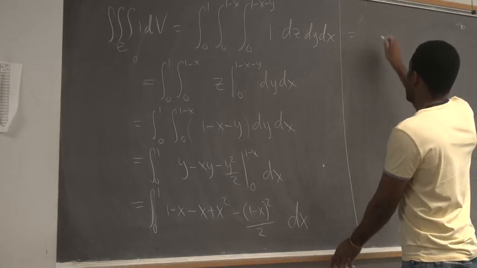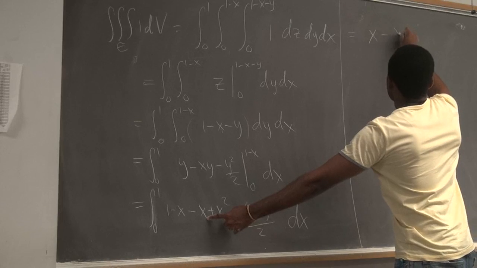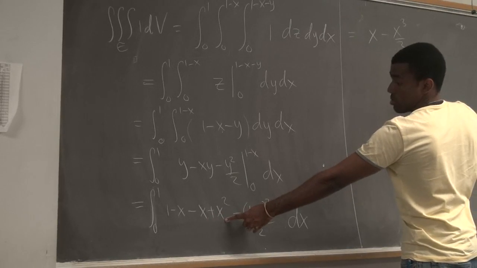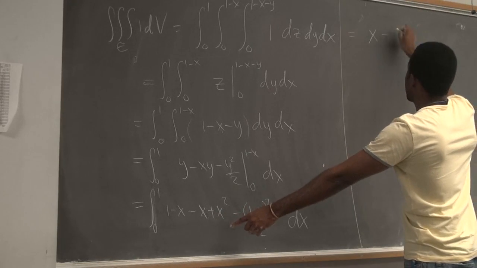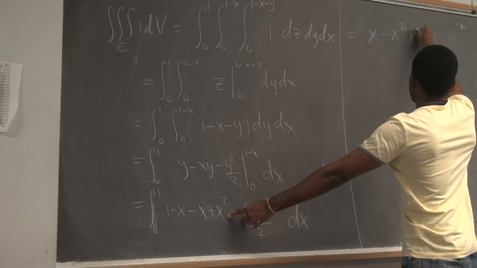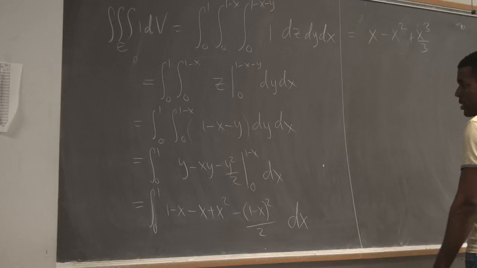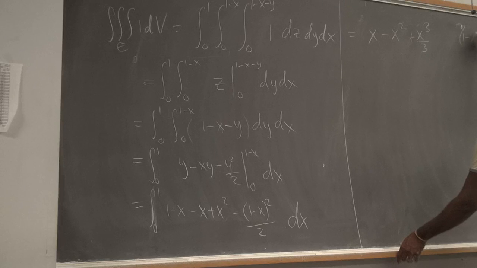So the integral of 1 is just x. This would be minus x squared. So it's x cubed over 3. No, minus, that would be minus 2x. So that's just minus x squared. This guy is x cubed over 3. And this guy would be 1 minus x over 6.